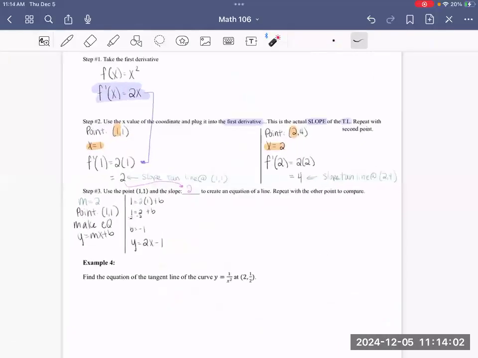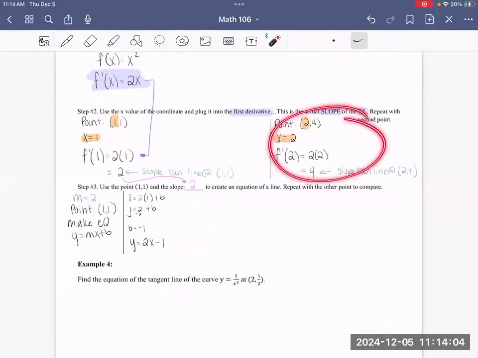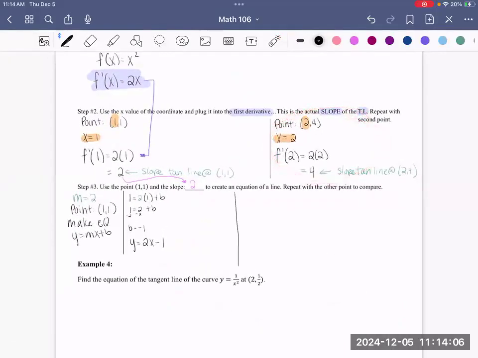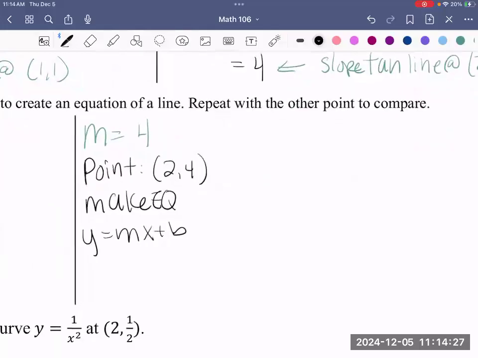Now let's have you do it one more time with this one. Again, you have your point and your slope. So your slope has changed. Slope is now 4. Your point has changed to 2, 4. You want to make the equation y equals mx plus b using your points.